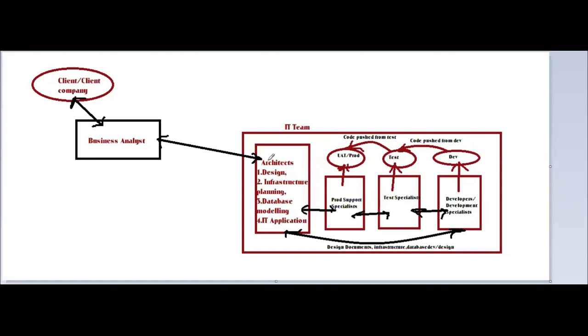The architects of the team get all of these requirements and begin understanding how we could materialize the needs of the clients into a software application. A team of architects may comprise a design architect who designs the GUI, or graphical user interface, or designs the entire system.